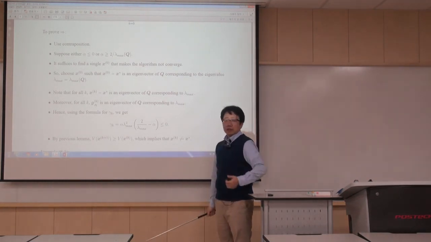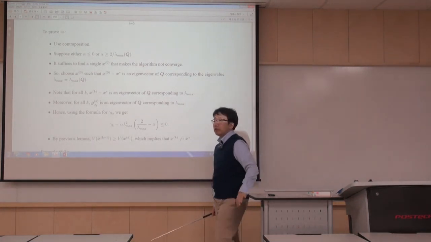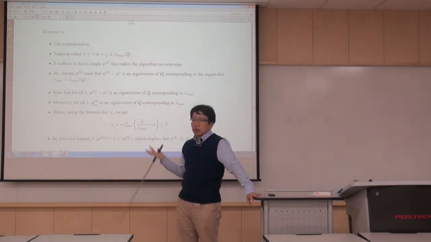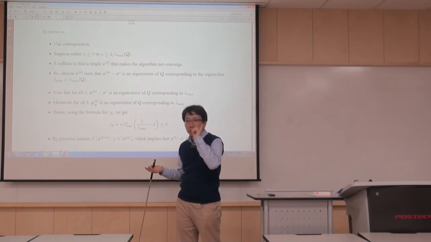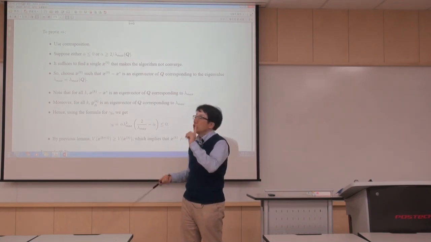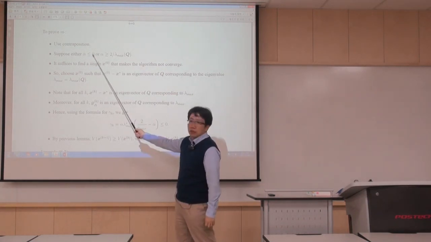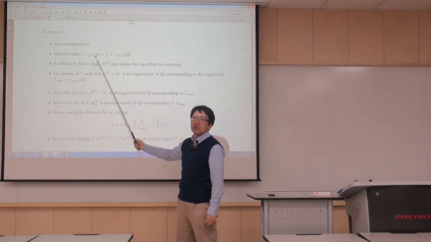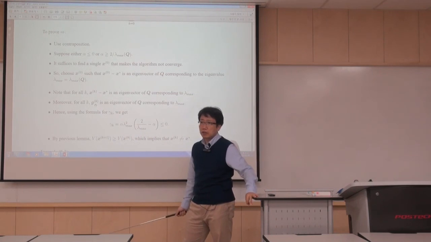And you don't need to prove that it always does not achieve global convergence. You just need to show one instance. So they cleverly chose which direction? The largest eigenvalue direction.